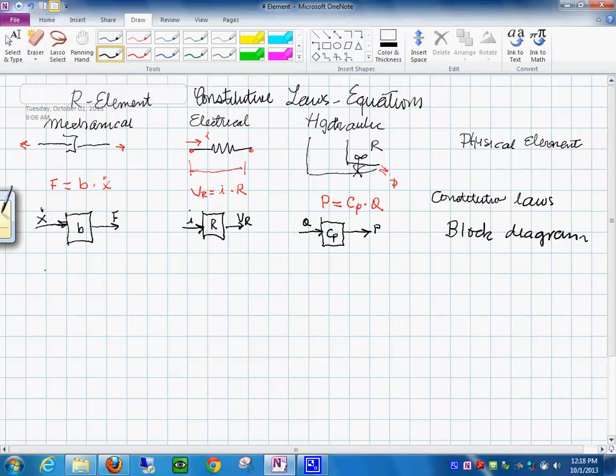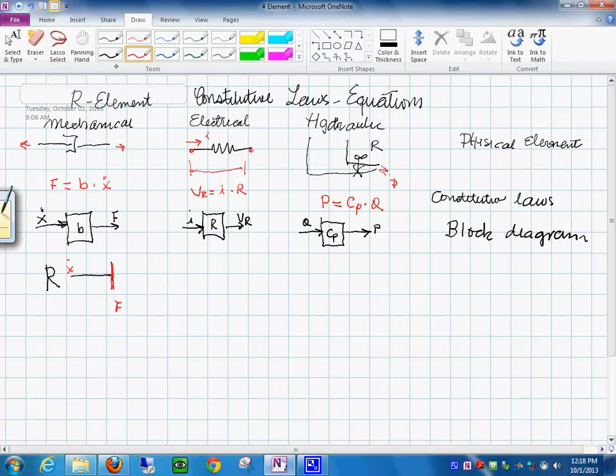So if we represent this in a bond graph sense, you would have that the R element, and I'm going to change colors to make it meaningful here, the output in this case is F, and then the input to this is x dot. Do you see how you read this thing? This is the input to this R element, but what is away from the R is the output F. So all these things are totally equivalent to what I have just done.